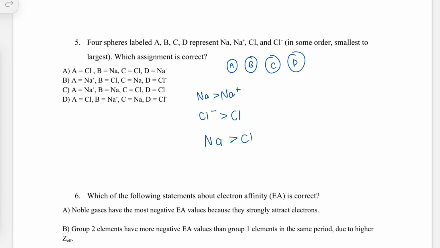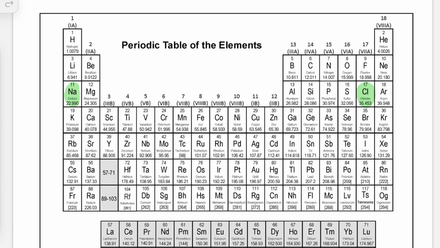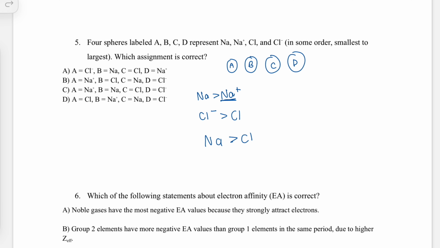So with Na+, it loses an electron and it's now isoelectronic with neon. So it's the one that loses a shell, so we would expect that to be the smallest. And then between Na and Cl, Cl is smaller. And then it will be sodium, and then Cl minus, the anion, would be the largest.